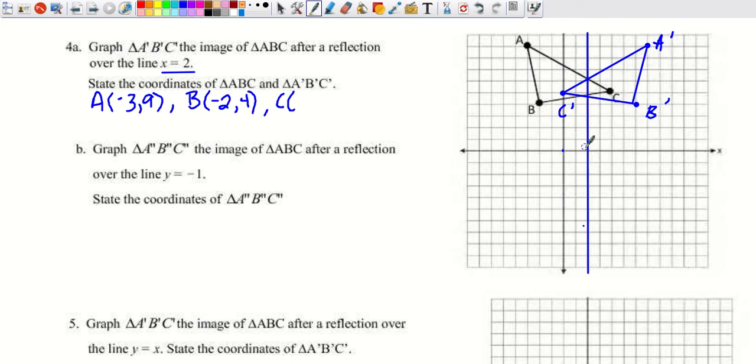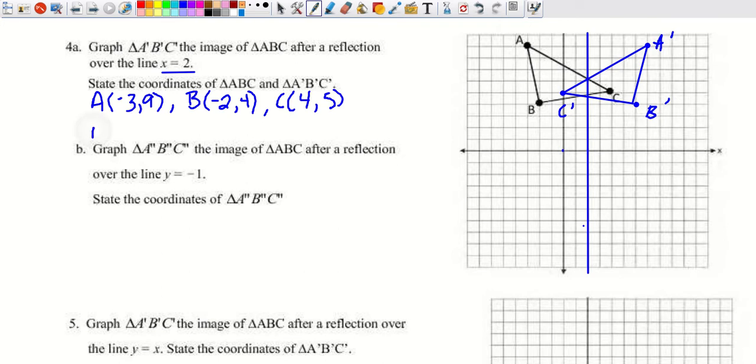Not using this point right here where the x equals 2 line is, but going back to the origin. So it's (-2, 4), (-3, 9), right? And C was here. So 1, 2, 3, 4, 1, 2, 3, 4, 5. Okay, so that's how we make sure we're reading the points using the origin as our counting point here.